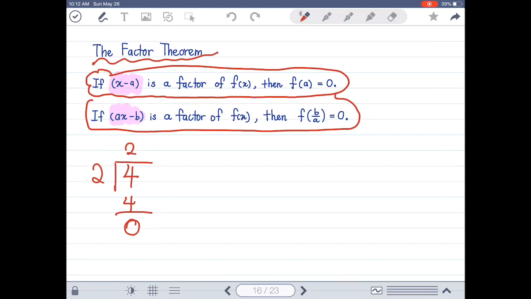So what the factor theorem is trying to say is that if we have a linear divisor which is a factor of a certain polynomial, then the remainder should be 0. Again, if a linear divisor is a factor of a certain polynomial, then the remainder will equal 0.